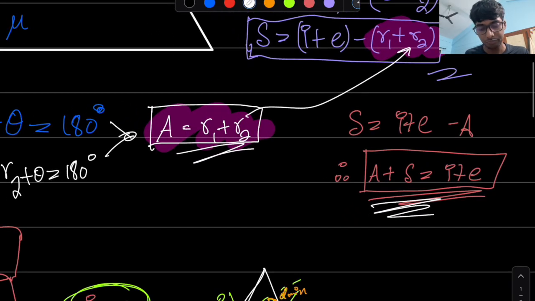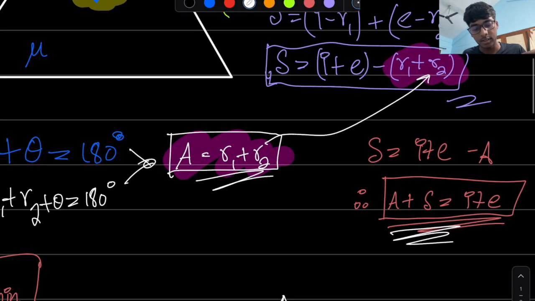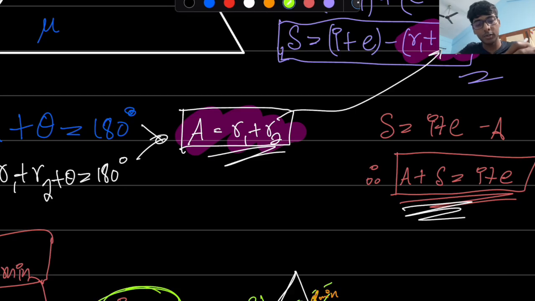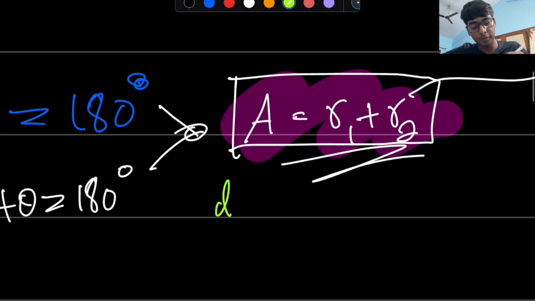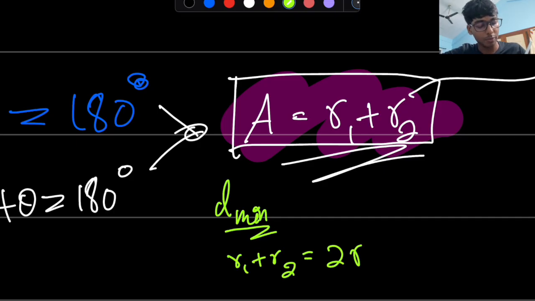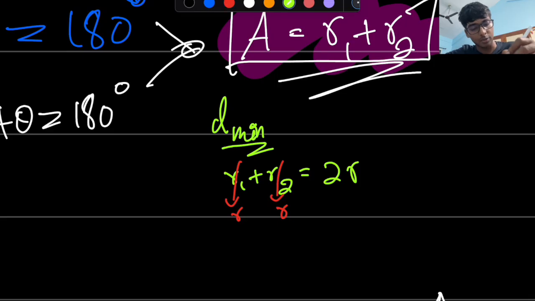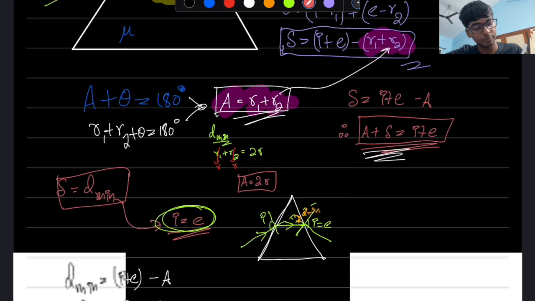Alright. Now we know that A is equal to R1 plus R2. So in the case of d minimum, R1 plus R2 will be equal to 2R. Essentially these two will just equate out. So this will be R, this will be R as well. So from there you can conclude that A is nothing but 2R.